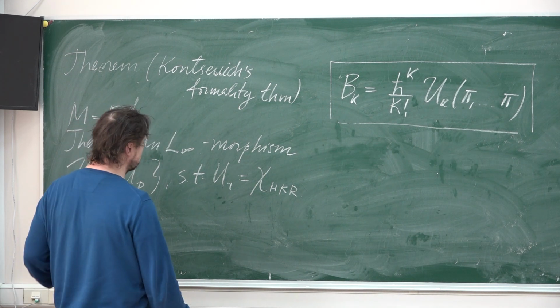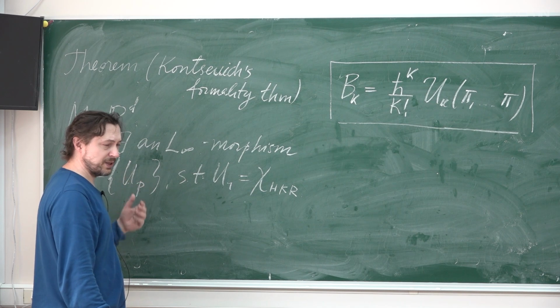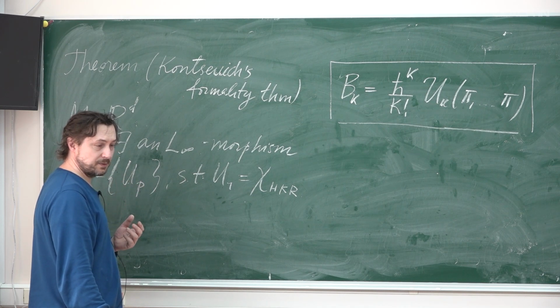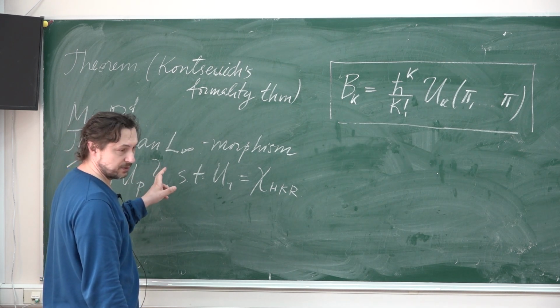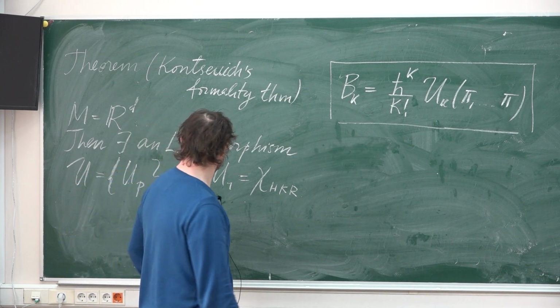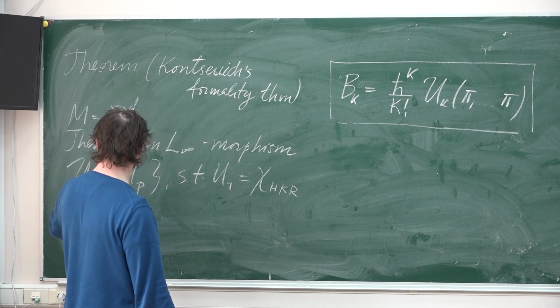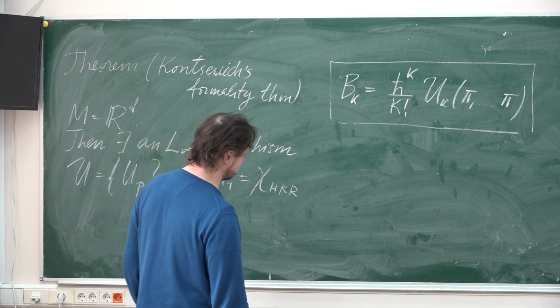Infinity morphisms whose first term induces a quasi-isomorphism in cohomology are called infinity quasi-isomorphisms. So U can sometimes be called the Kontsevich quasi-isomorphism.